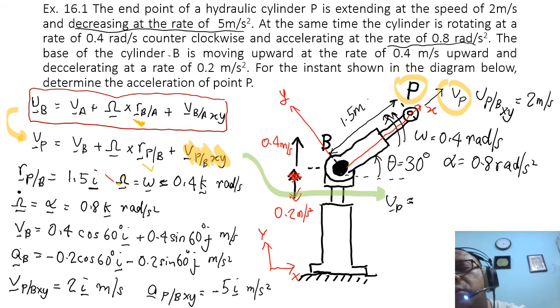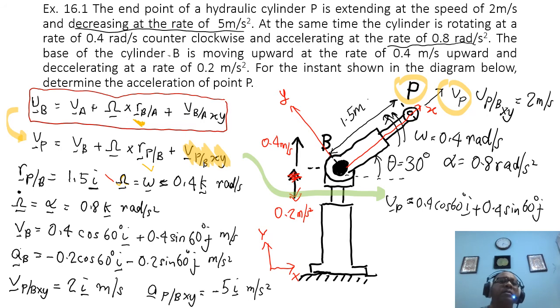0.4 cos 60 degrees i plus 0.4 sine 60 degrees j, plus omega. What is my omega?